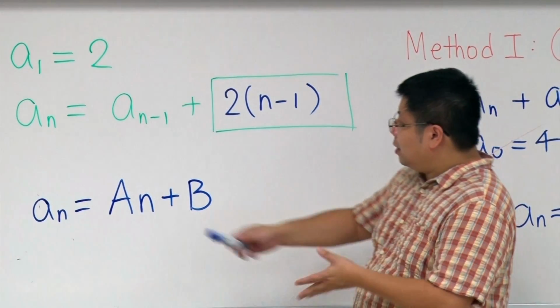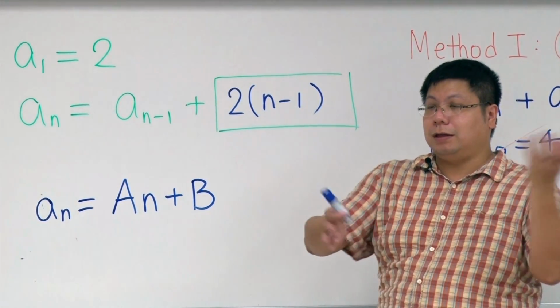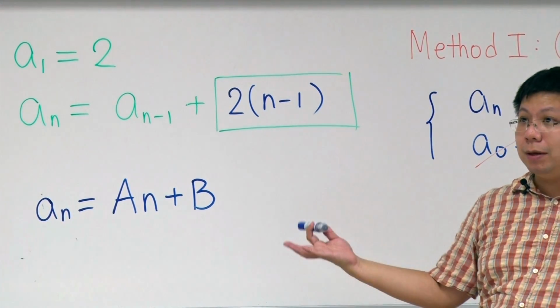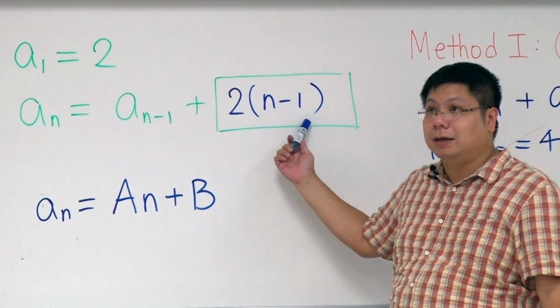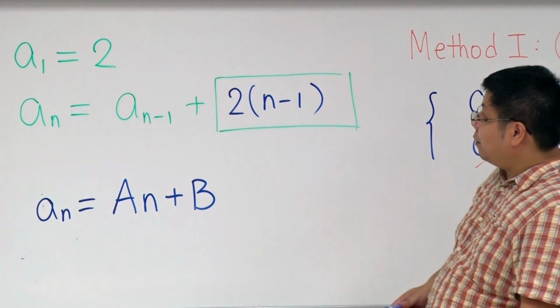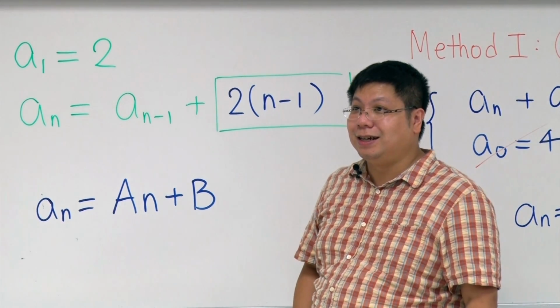Because if it is of the form an plus b, then maybe the difference is going to be again of the form a' n plus b', and then perhaps we can get to n minus 1 here. Does that make sense? Okay. But for this one, it doesn't work. Why?